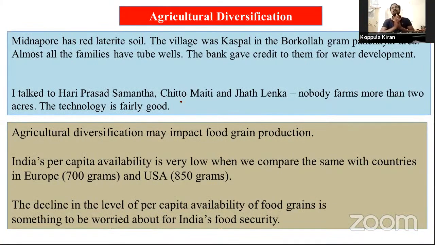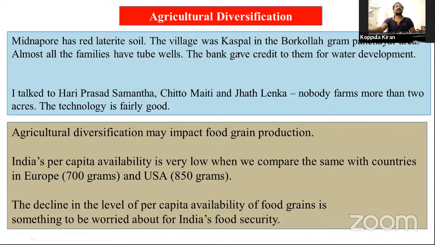Why do we require these food items? Okay, let us discuss. We should live, we should work, we should take nutritional food. How? Let us discuss particularly agricultural diversification. What is agricultural diversification?